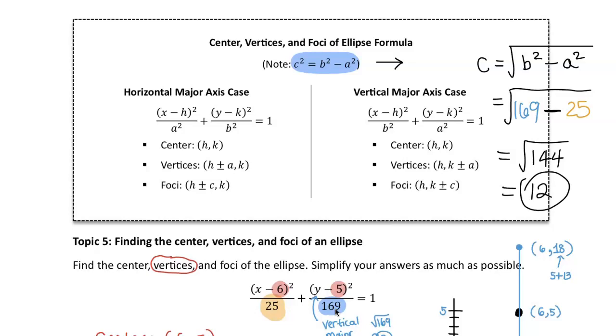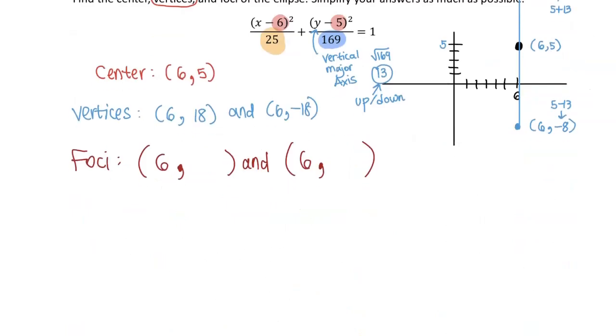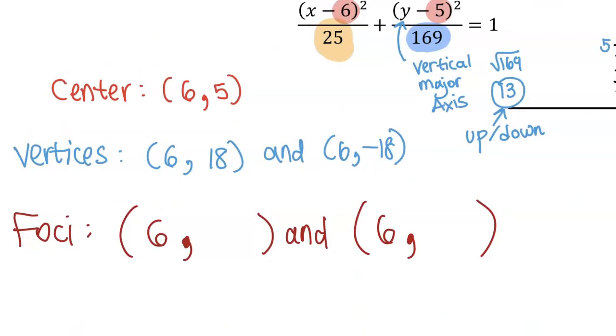Now 12 is the number that you're going to add or subtract to the center to get the y-coordinate of the foci in this case, okay? So look, the y-coordinate was 5, right? So if you do 5 plus 12, the y-coordinate of the first focus will be 17.